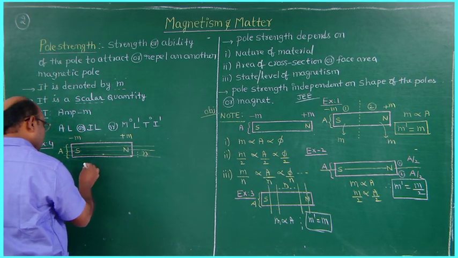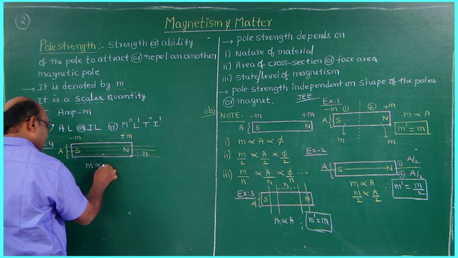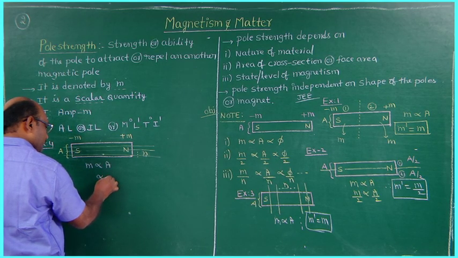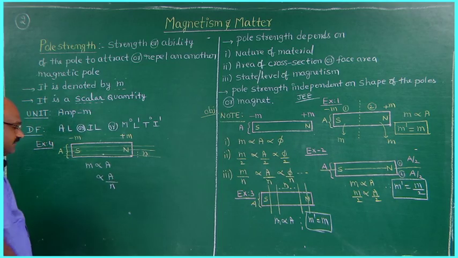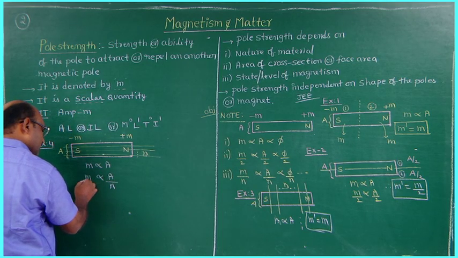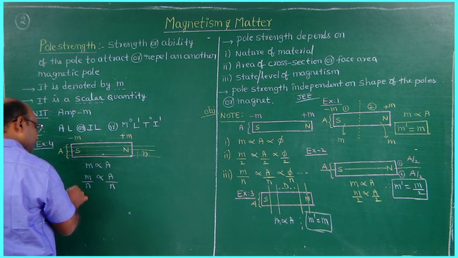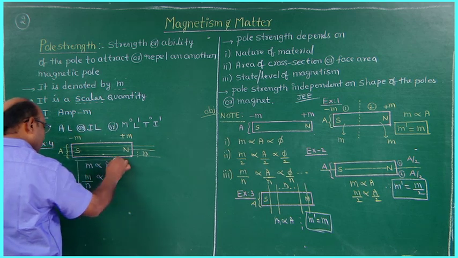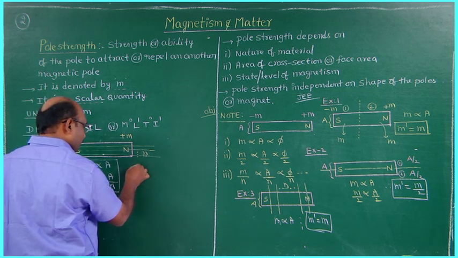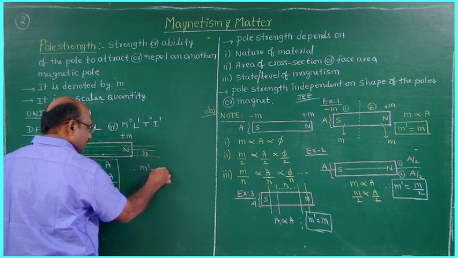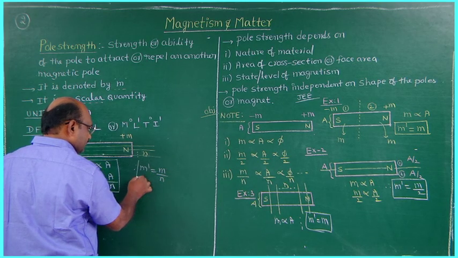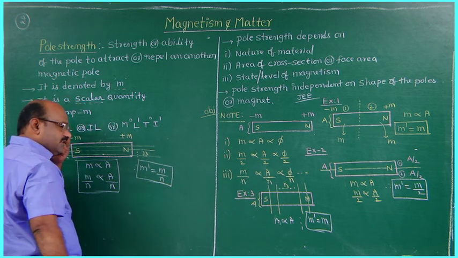Basically, what is the relation? Pole strength is directly proportional to the area of cross section. Now it becomes A by n because it is made into n pieces. So what about the pole strength? This is m by n. Keep those lines in mind. Therefore, the new pole strength of each piece is equal to m by n. Like that, pole strength may vary.